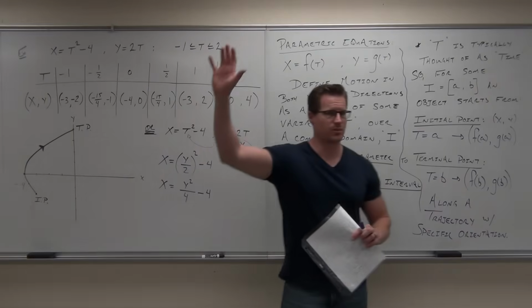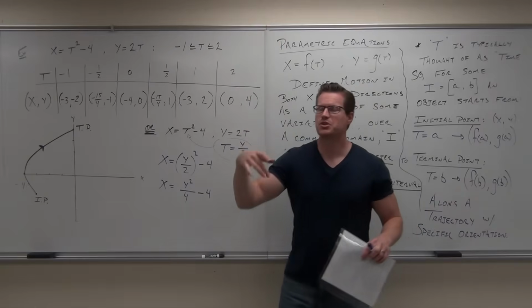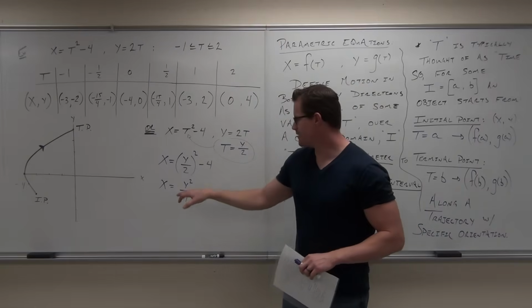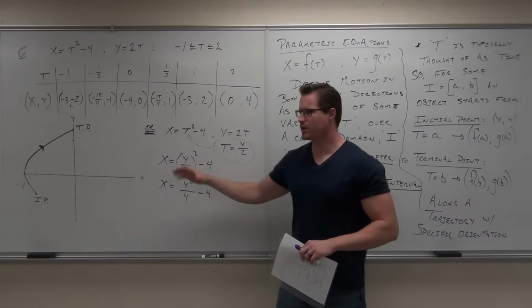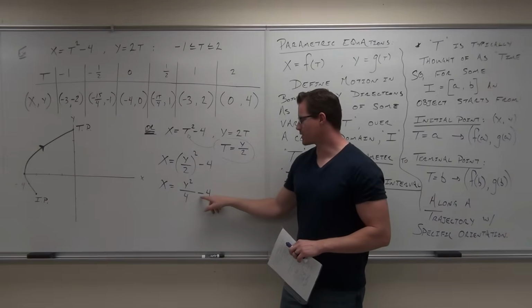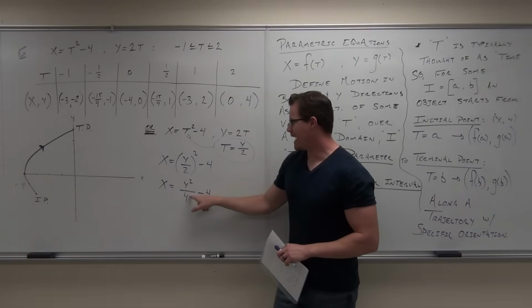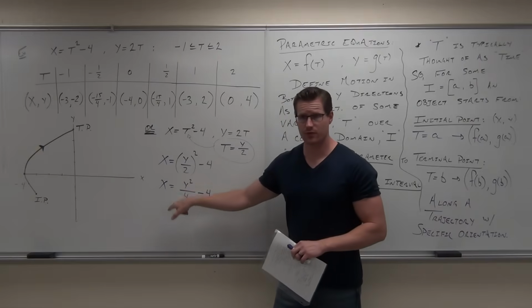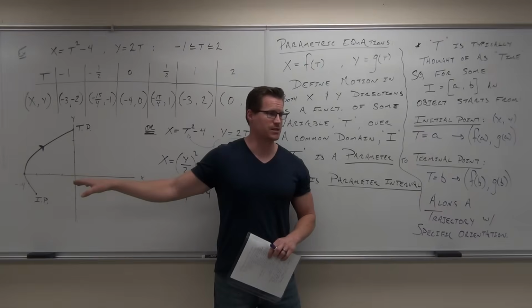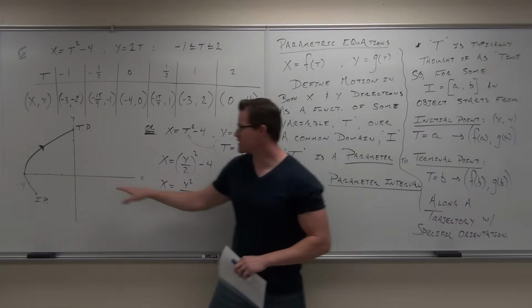Okay, do you guys feel okay with the algebra on that? It's basic algebra. But check it out. Do you see that this is a parabola opening to the right that's shifted along the x-axis by -4 and is a wider than normal parabola because it's 1/4 there? That's exactly what this thing is. In fact, you could graph this and it's going to be exactly this.